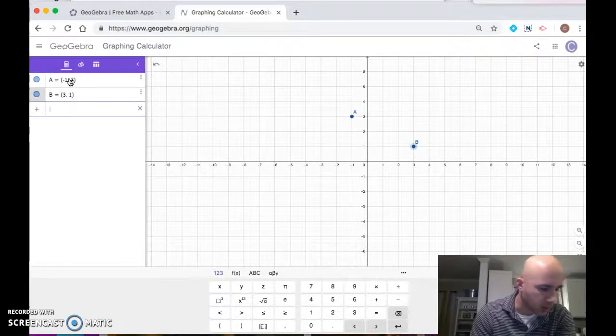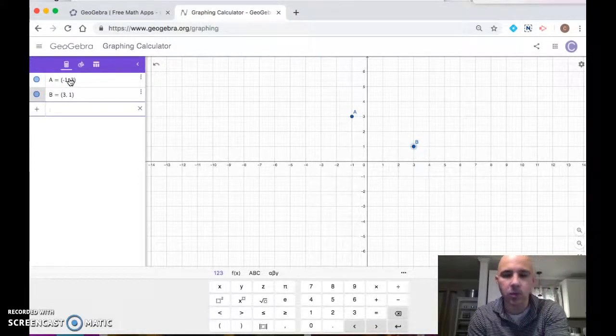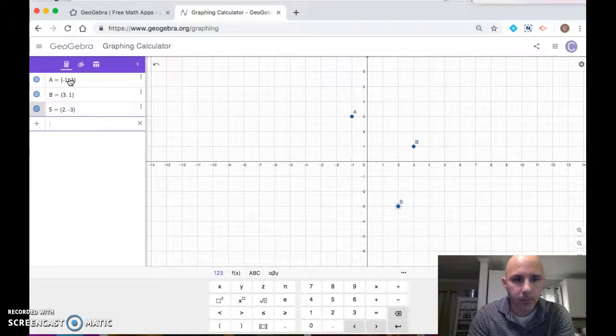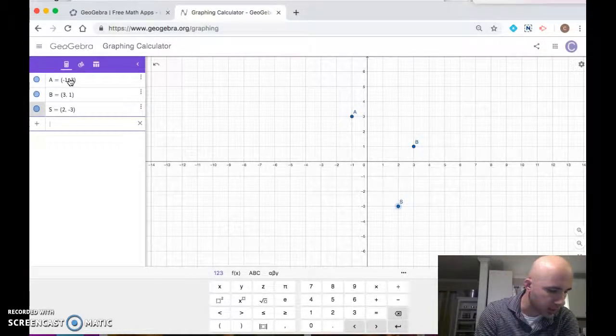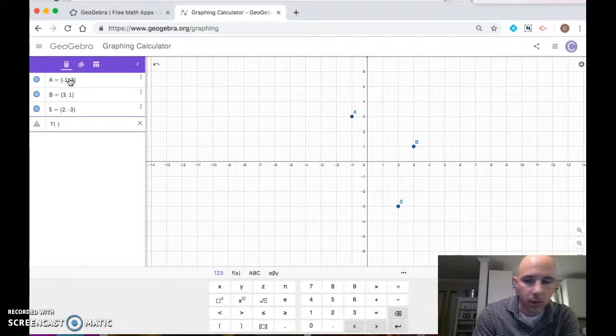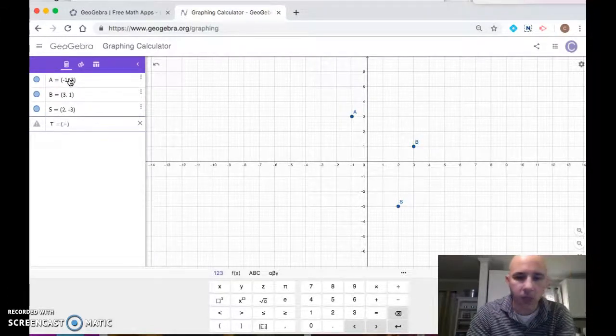I'll do the same thing for S. Maybe I can just write in S equals 2, -3. There's my S, and then my T, I'll just type in the capital T for the point. That's going to equal -2, -1.